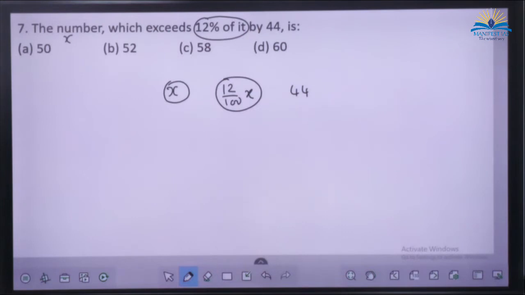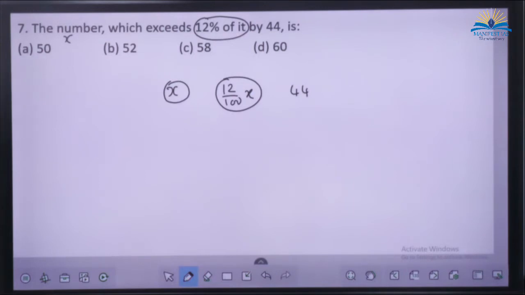X exceeds 12% of x by 44. But you use these three and tell me what is the equation.